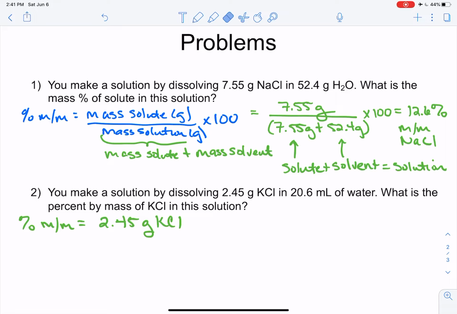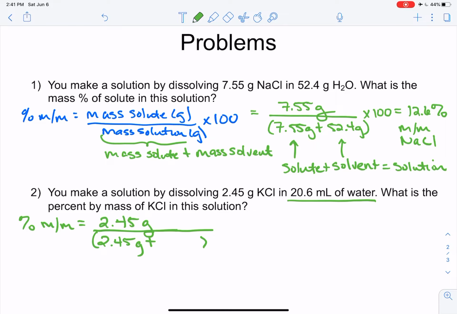We don't need to put the KCl there, so we'll just take that off. And we're going to do 2.45 grams plus whatever the mass of our solvent is. Now, our solvent is right here, and that's water. But we don't have it in grams, we have it in milliliters. And that might make us go, oh my goodness, what do I do with that?